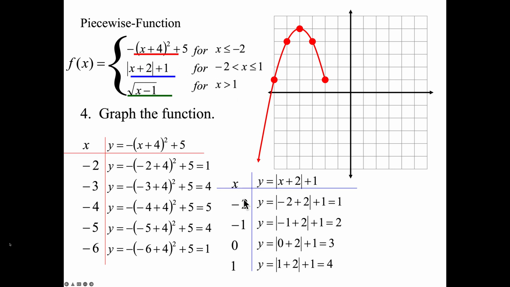Okay? Then my absolute value function from -2 to 1. So I'm going to test the integers. -2, -1, 0, 1. Put in the numbers, crunch them all out. First point's (-2, 1). Hey, wait a minute. It's the same point. That's fine. We'll just put an open circle around the closed circle. Then we're at (-1, 2), plot the point. (0, 3), plot the point. (1, 4), plot the point.